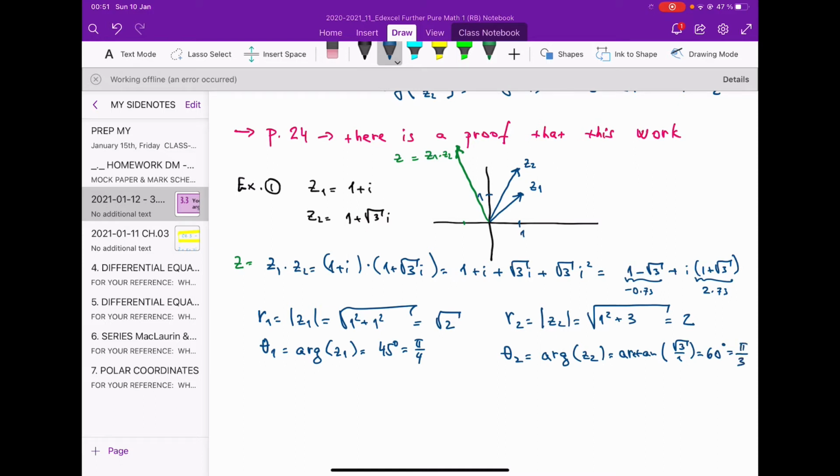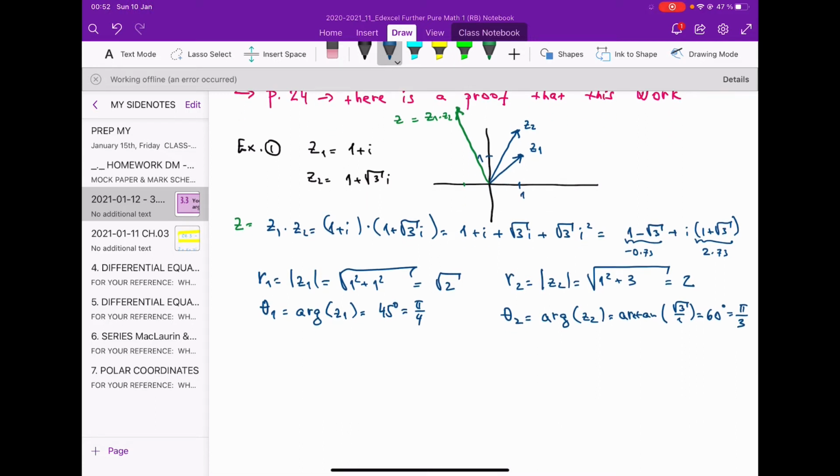Now, if what we said is true, then the modulus of Z is R1 times R2, which is 2 times root of 2, and the argument of Z would be 45 degrees plus 60 degrees, or you can say pi over 4 plus pi over 3, which is 105 degrees.